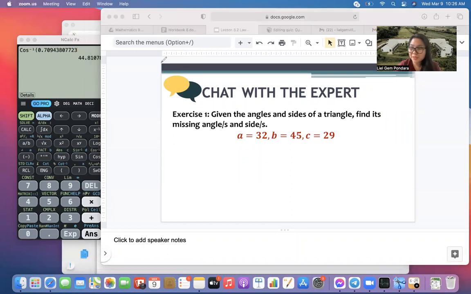Okay, now you start by drawing the triangle.